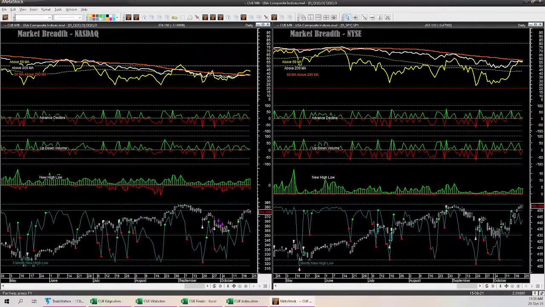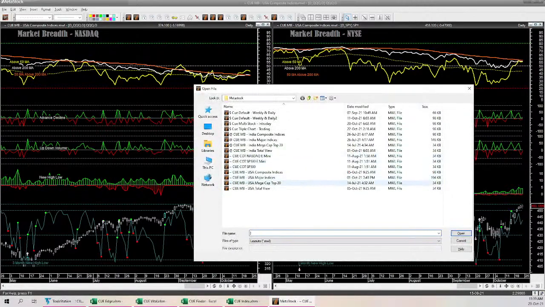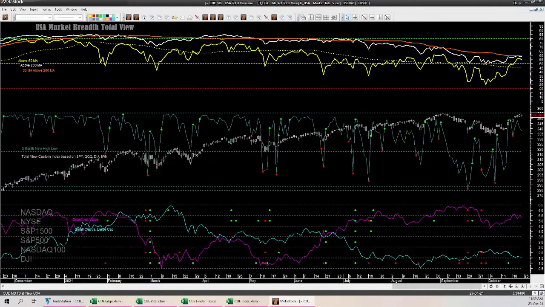And if I look at the very useful market breadth total view that combines insights from the 2 exchanges and 4 major indices, here also the yellow line, percentage of stocks above 50 MA using total view, is in an uptrend, about 55% level, bullish, above average line, above midpoint.